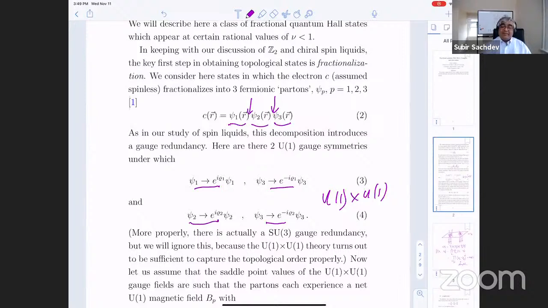So now I look for a saddle point. Now, because I already have a magnetic field in the external gauge field, it seems reasonable that I will also have a magnetic field due to the internal gauge fields. So really, for each parton, I should be looking at the sum of the magnetic fields, the one due to the external field and the one due to the internal field.